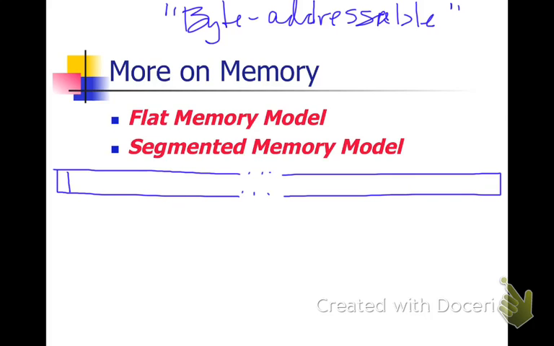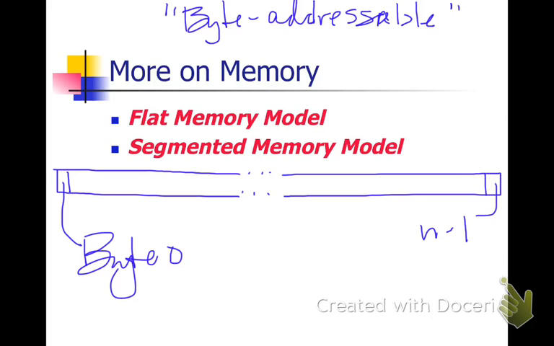There is byte 0. In a flat memory model, this will go all the way from 0 to n-1, where n is the total number of bytes that I have that are addressable. So that's flat memory.